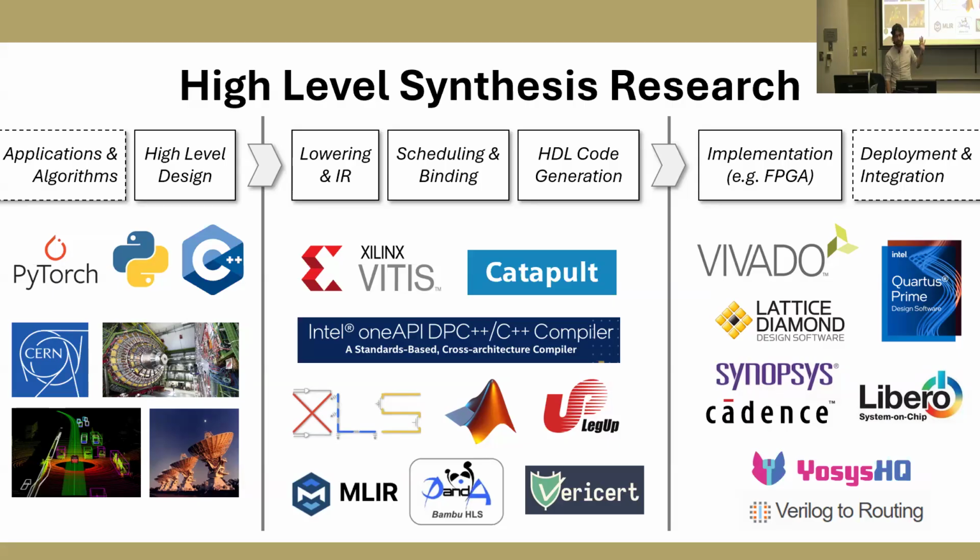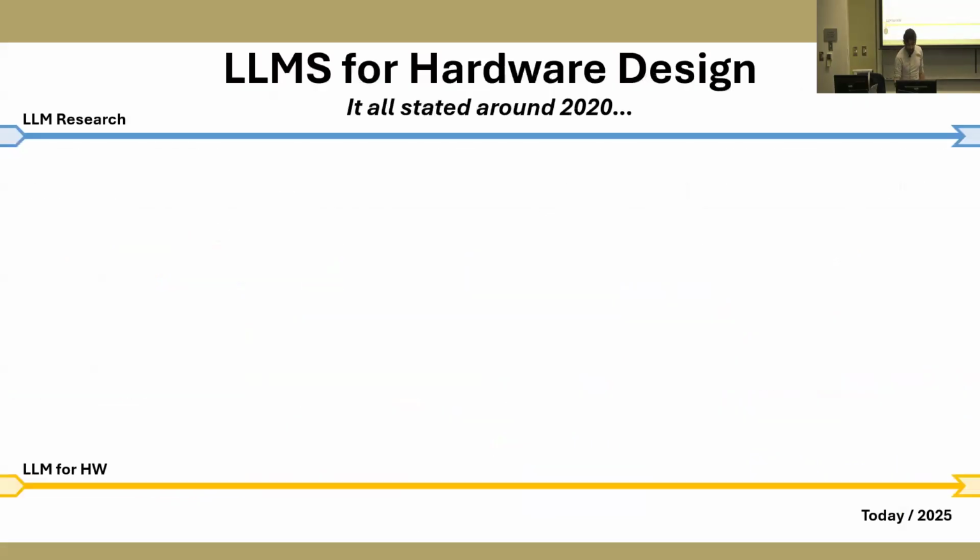There's something called scheduling and binding, all this kind of stuff. And every HLS compiler that I know exists, basically, is on this slide. MATLAB very weirdly has an HLS compiler. And then on that side is everything that happens after your HLS tool generates RTL. That's what you would normally expect a hardware design flow to focus on, taking RTL and lowering it to your device, doing physical design, and so on and so forth. Right.